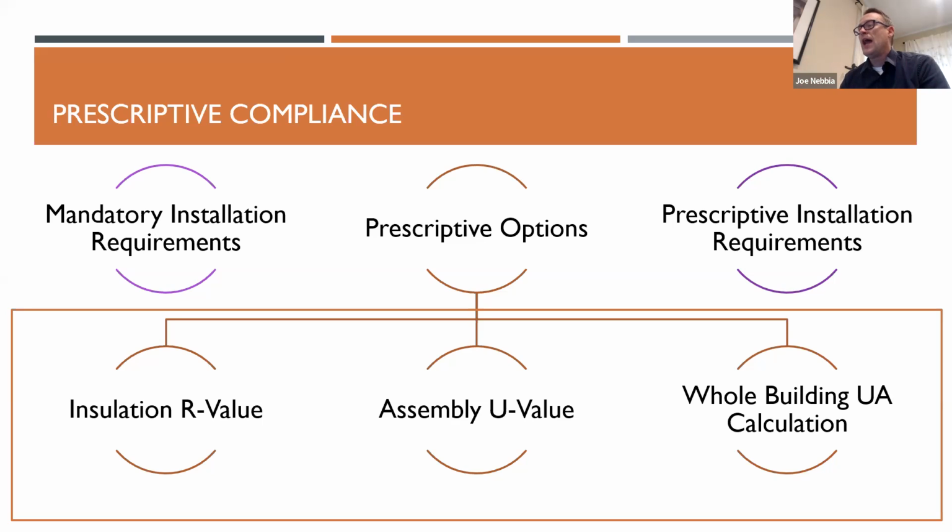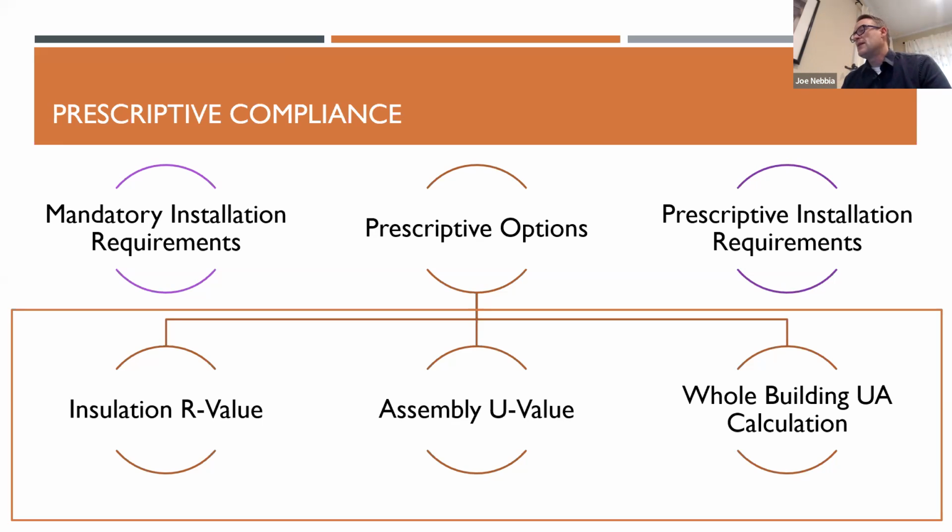We also have several different ways that the code allows us to comply using these different tables. The first, I talked about, the insulation R values. Again, that's a labeled R value amount. The next is an assembly U factor or U value.